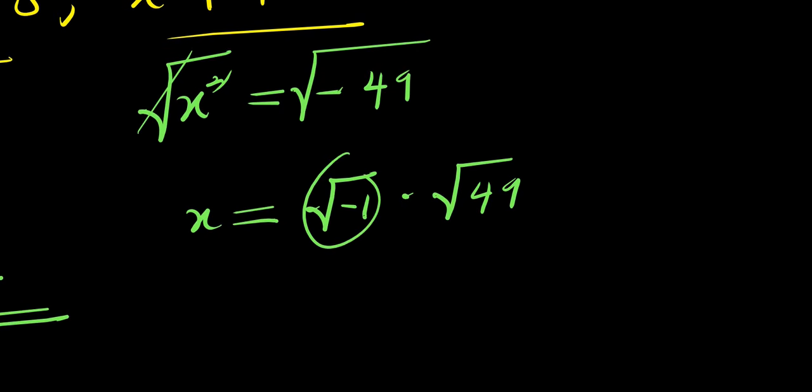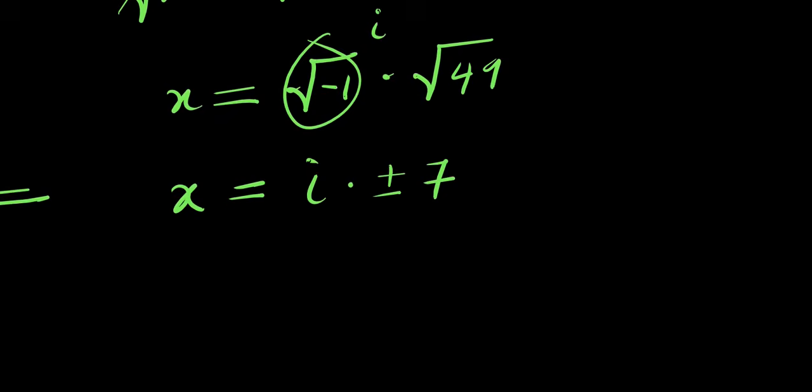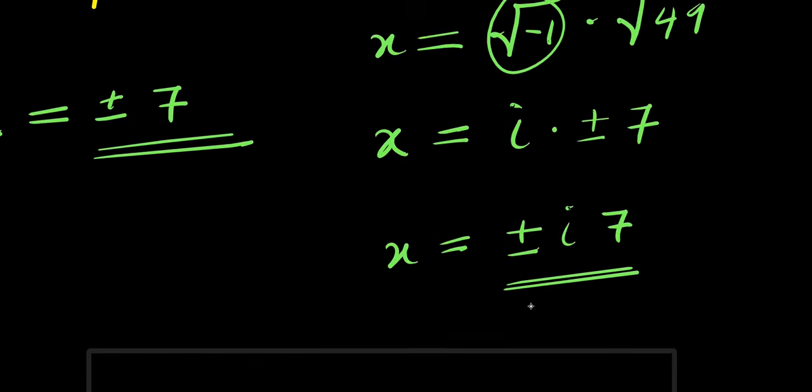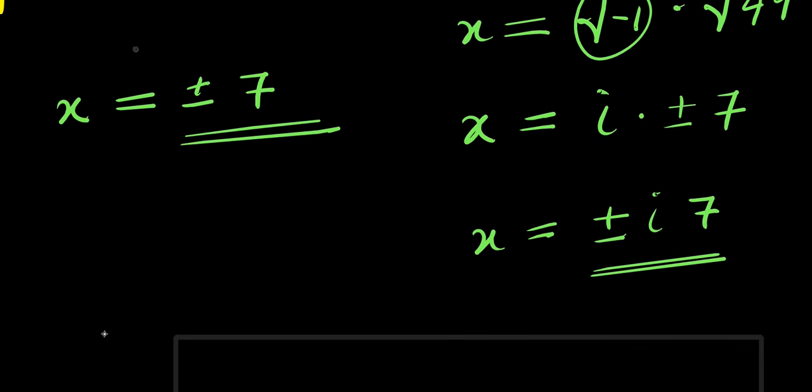The square root of negative 1 is i, that is the imaginary number i. I have x equals i times the square root of 49, which is plus or minus 7. So that means I have x equals plus or minus i times 7. So in total, we have 4 different solutions.